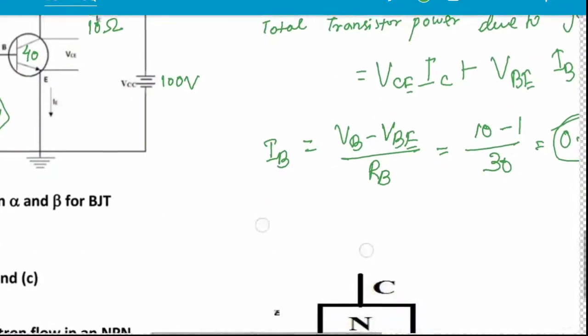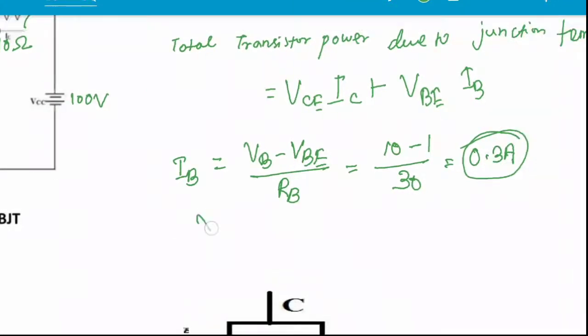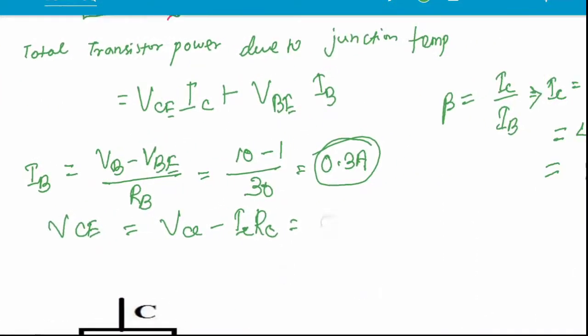So next thing is VCE, which is equal to VCC minus ICRC, which is equal to 100 minus 1.2 into 10, that is equal to 88 volt.